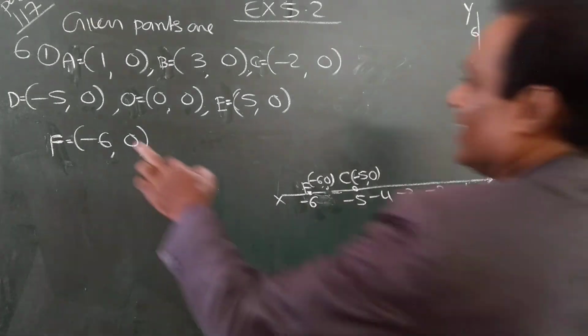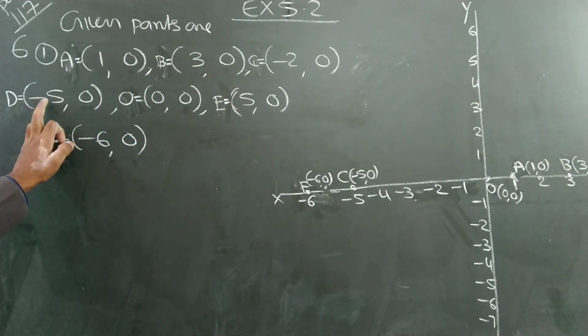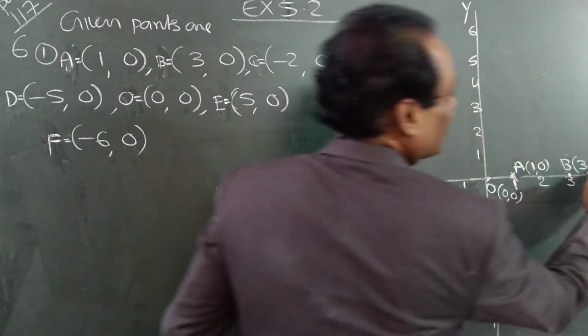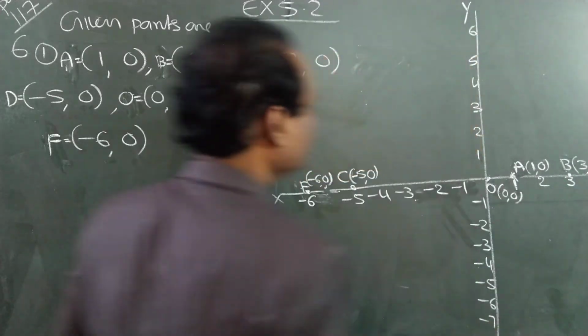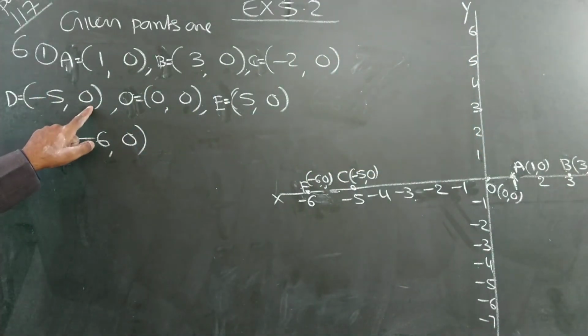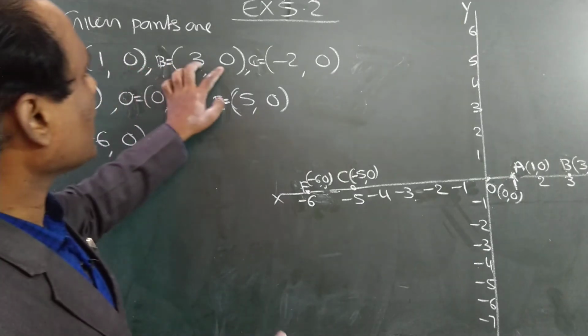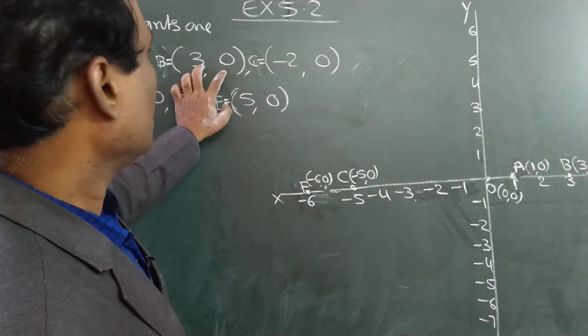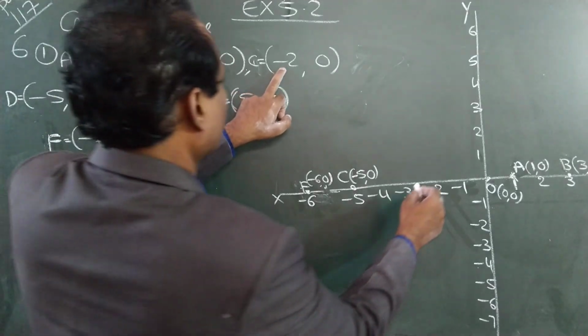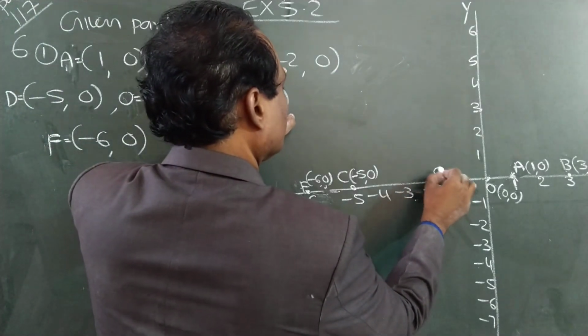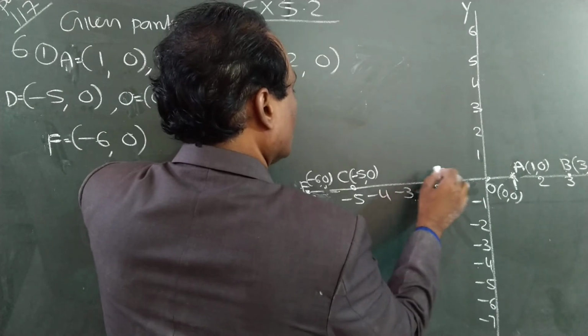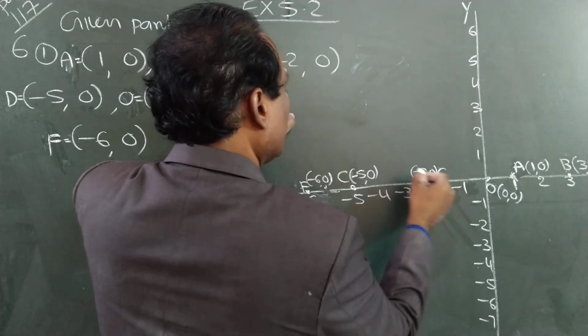Sorry, this is not 5, 0. It is minus 5, 0. This is not 5, minus 5. 1, 0 and 3, 0. This also we take as C. What is C? Minus 2, 0, which I did not locate.